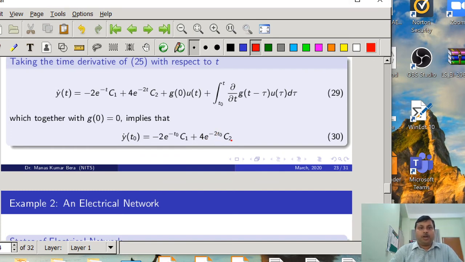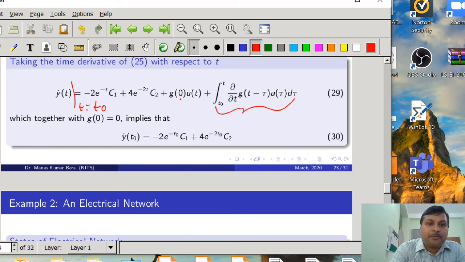Now this part will vanish, because you are calculating the y dot of t at t equal to t0. That's why this part is going to vanish, and already from the calculation I have shown that z0 is equal to 0.